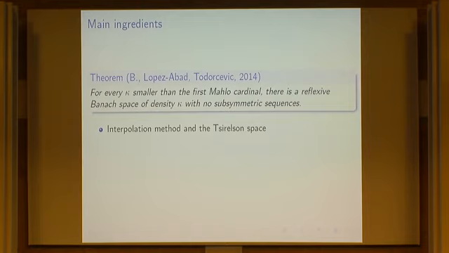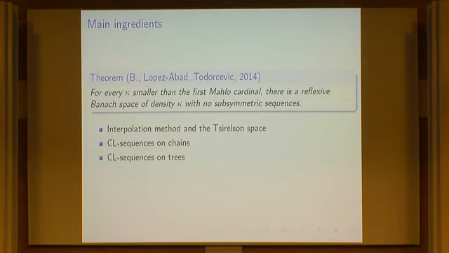So what are the main ingredients in the proof? First of all is this interpolation method and the Sirius-on space, which I will give a rough idea of, which links the problem of finding these consecutively large sequences and having a space with no subsymmetric subsequence. This is where the link is between the two things. Then there are the CL sequences on chains, which I will explain.